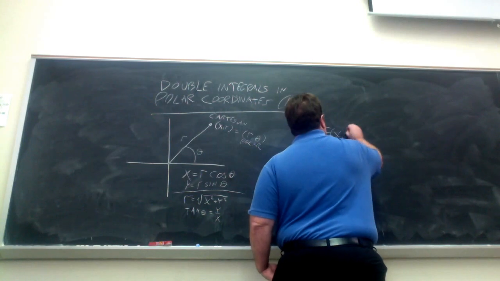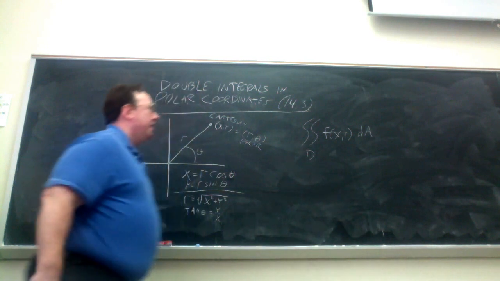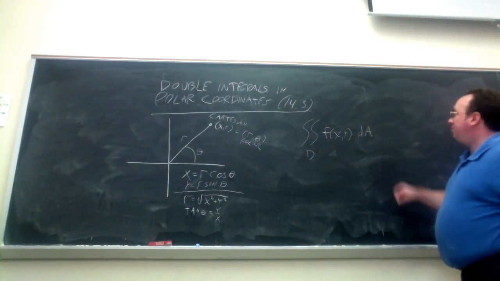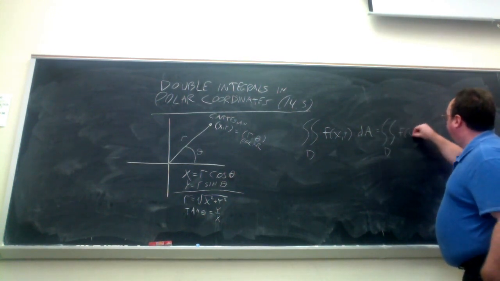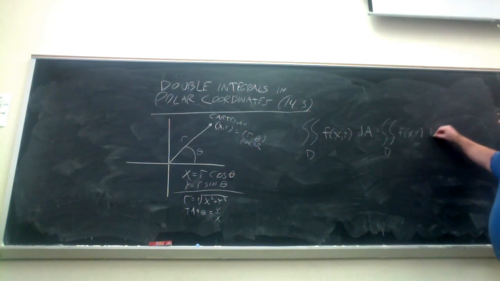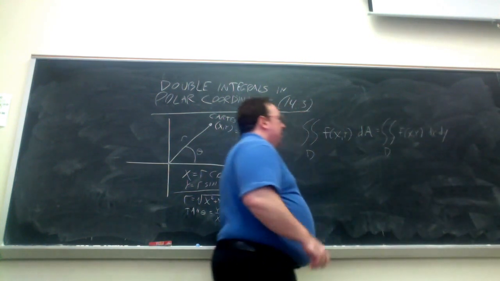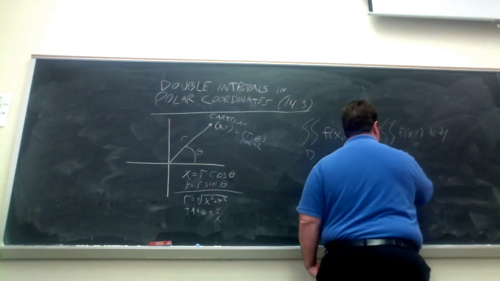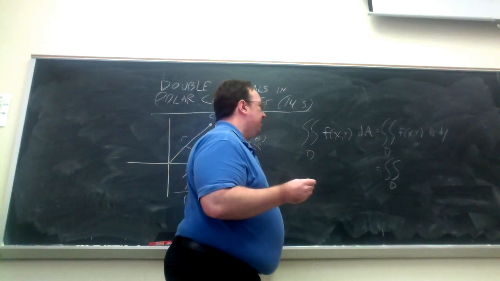So the integral of your given function f of x, y over your region D in the xy plane, which you would normally work out as some sort of iterated integral, where you'd figure out limits for x and y, instead we work out as an integral over the same domain, but now expressed in polar coordinates.